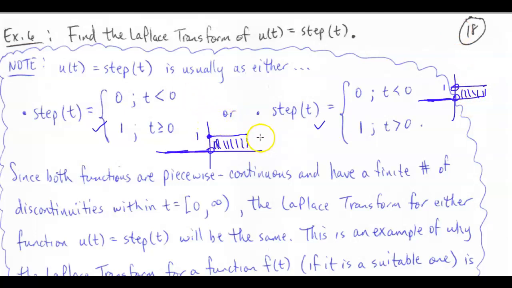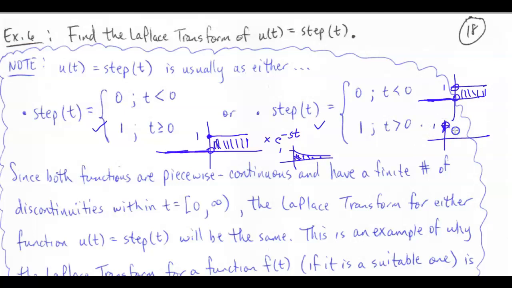So if I was to take this and multiply it times e to the minus st, whatever that is, then the area under the curve of that particular function would look something like this. And of course, the area under that curve is going to be the same as it would be for here.